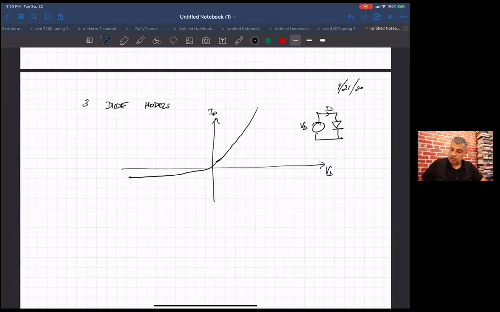And this curve is, I sub D is I sub S times exponential of V sub D over V sub T, minus 1. Okay, where V sub T is kT over q, and that's equal to 26 millivolts at room temperature, or 300 Kelvin.